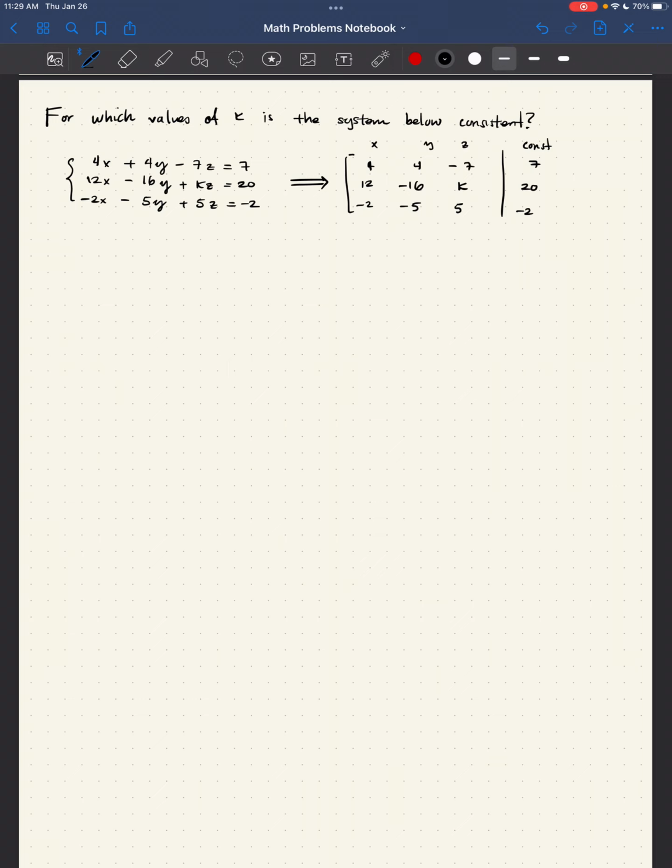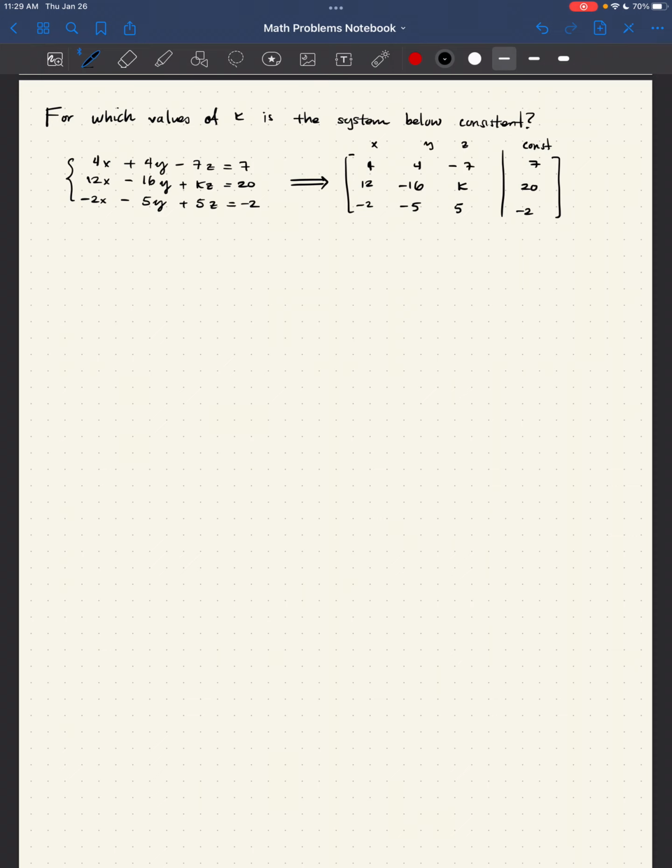And then from this point, we're going to proceed with a series of reductions that will make the system much easier to read, to read its solutions, if there are any.